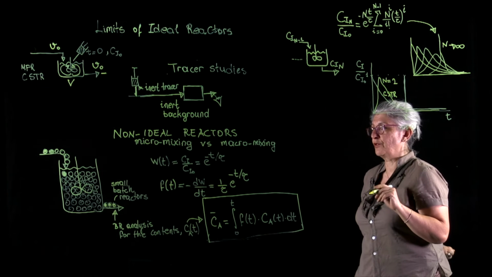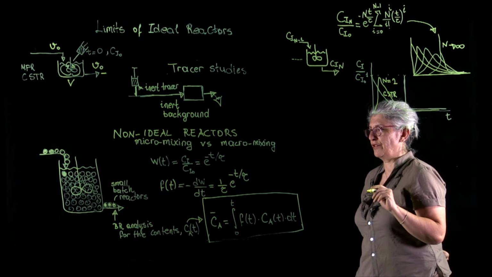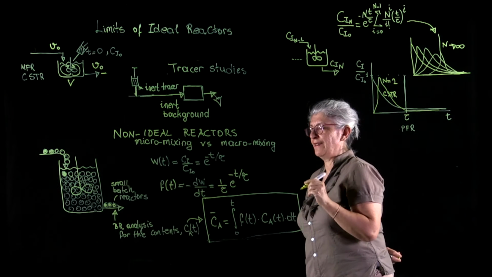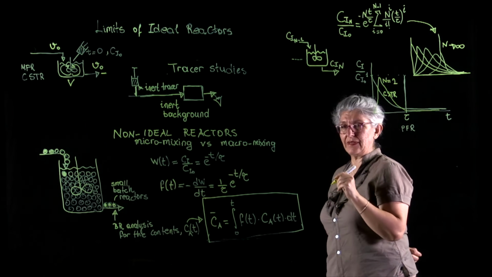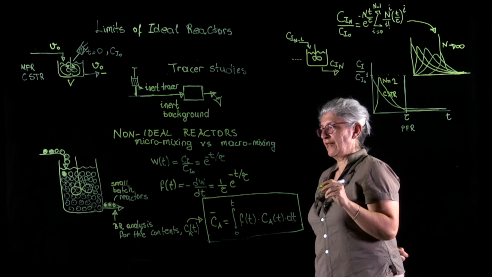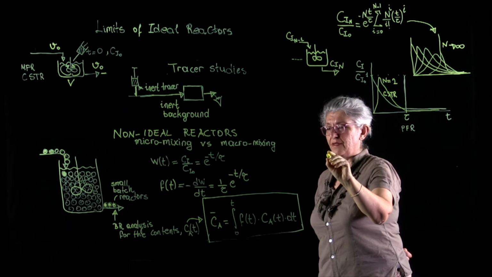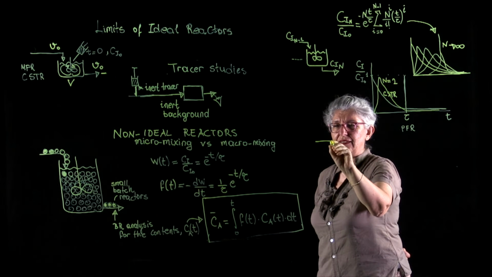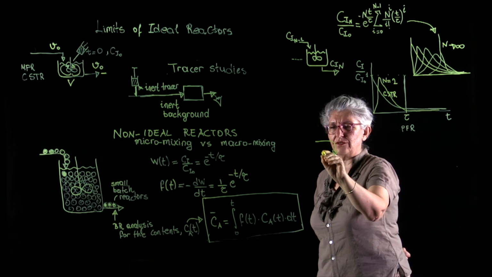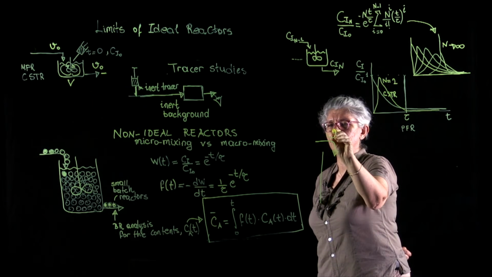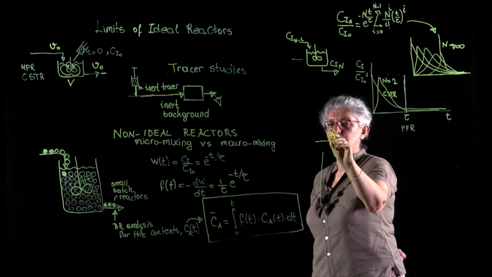Now we have to make sure that we understand our reactor well enough to come up with alternative solutions. For example, let me enlarge a domain of this particular reactor, the inlet domain. Let's magnify that. I have one fluid element coming in. I will call this one 0.